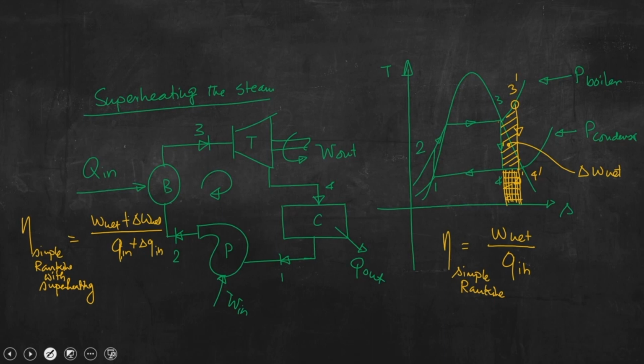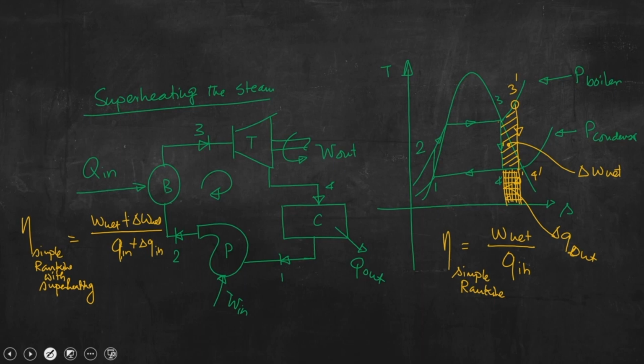So, this delta QL, or delta Q out, this additional amount of heat must be rejected if we allow steam to be superheated from 3 to 3 prime. Even after having this heat rejection, can we really have higher efficiency?